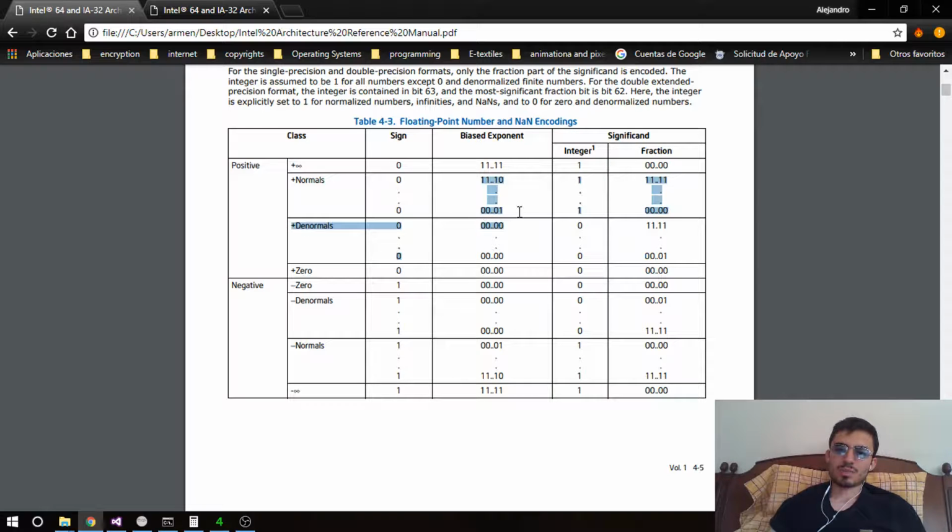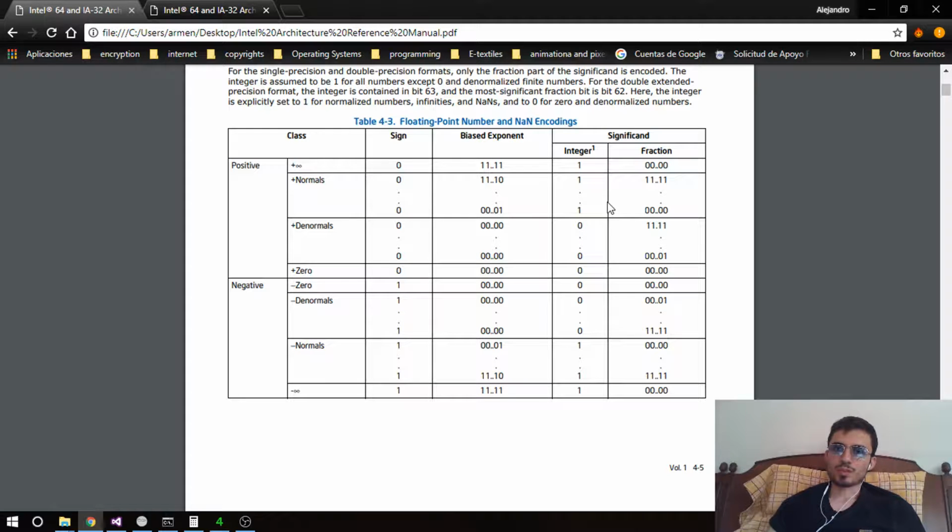So you want to represent it just from 1 to the maximum minus 1. And that's for normals, with the integer implied to be 1 and the fraction element being 0 or 1.